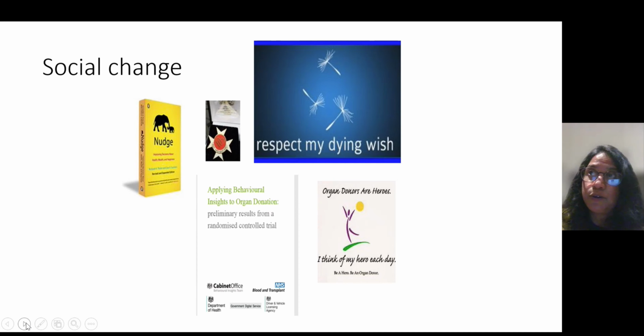The UK moved to an opt-out system because of huge societal investment in donation and political will. Nobel Prize-winning economist Richard Thaler wrote a seminal book called Nudge, where he talks about choice architecture. He talks about changing the system to help people make the right choice.